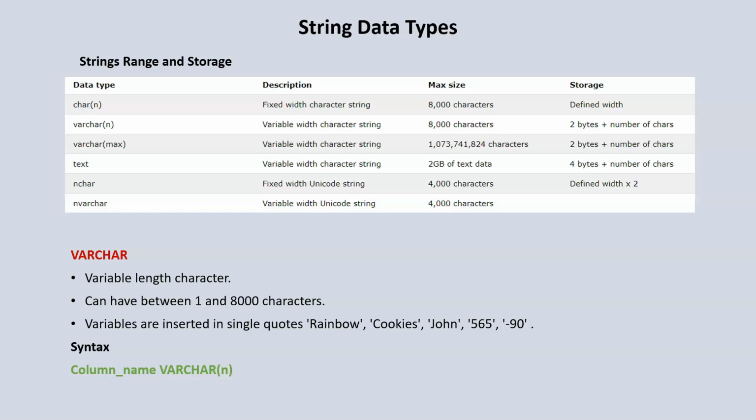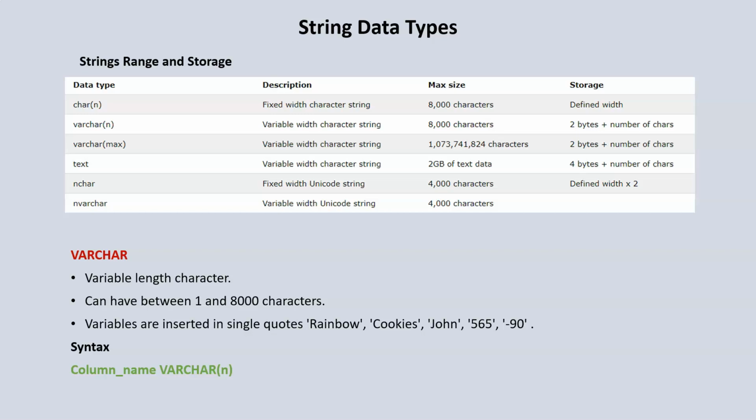Now, VARCHAR is also capable of storing numbers, and this could be integers or decimals. The only rule is that they have to be in quotes. So here we have 565, which is a number, but once it's inserted in quotes, then it becomes a string. The same way we have minus 90, which is a negative number, now becoming a string character because it's in single quotes.